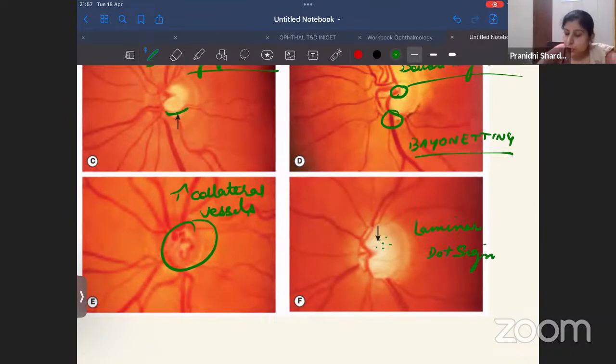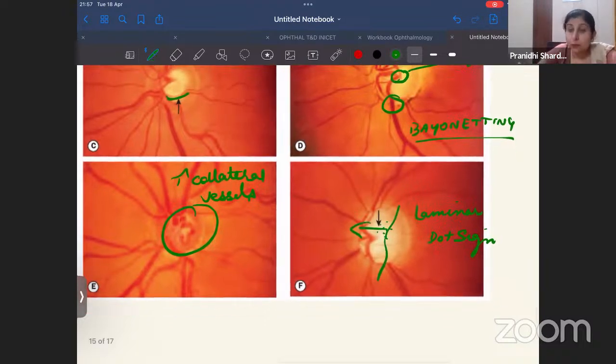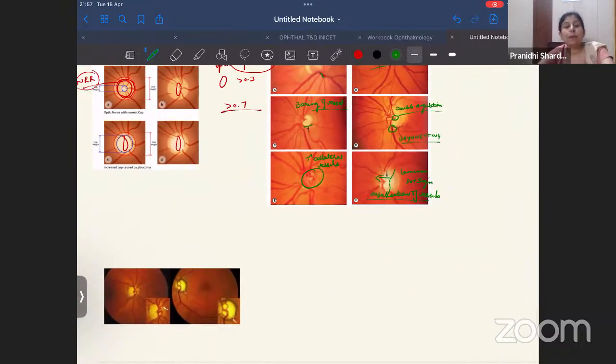Another sign shown here is these vessels, which were earlier seen to appear from the center of the optic nerve, have shifted toward one side, towards the nasal side. This is known by the name of nasalization of vessels. So these are some of the optic disc changes seen in glaucoma.